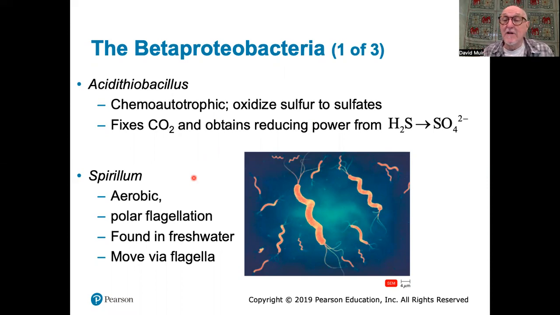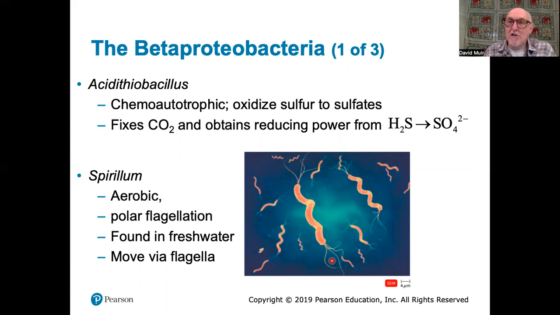So the next organism, completely different to Thiobacillus, is Spirillum. And Spirillum is a very large bacterium, in fact, and you may well have seen it in lab. As its name implies, it is a spiral bacterium, and it has polar flagellation. All of these features that I've mentioned are important because they are distinguishing features which enable us to discriminate between Spirillum and spirochetes, which is an entirely different group of bacteria.